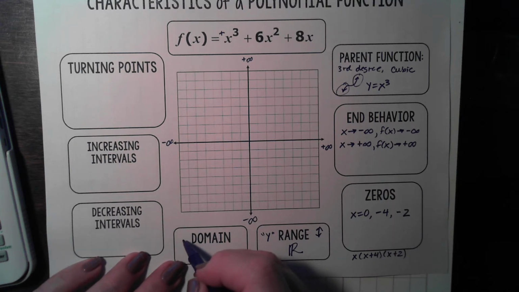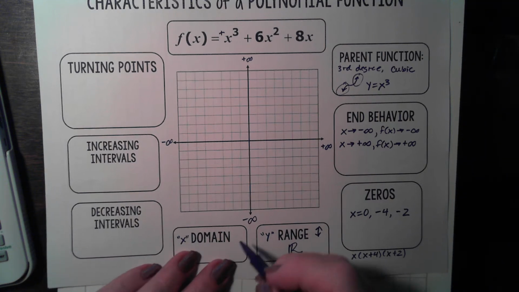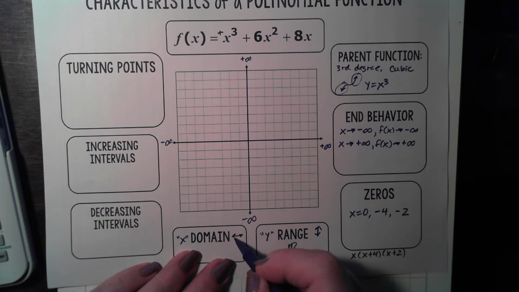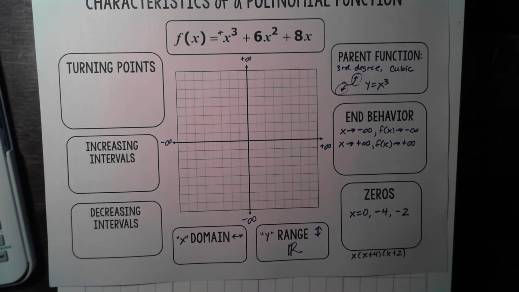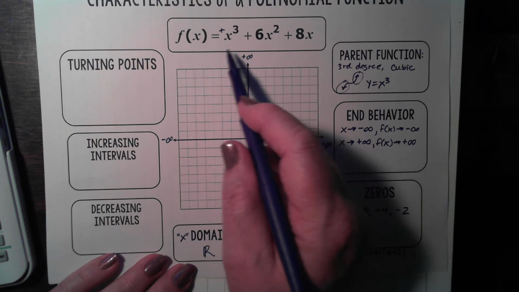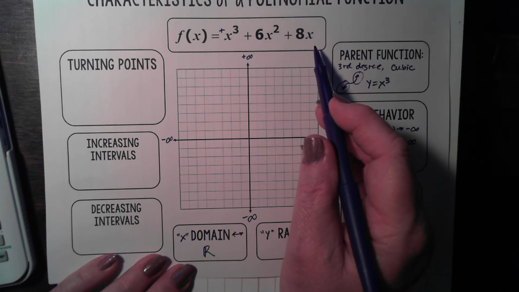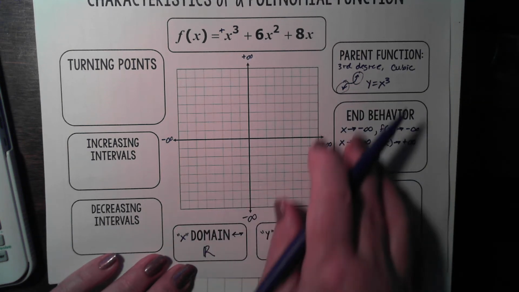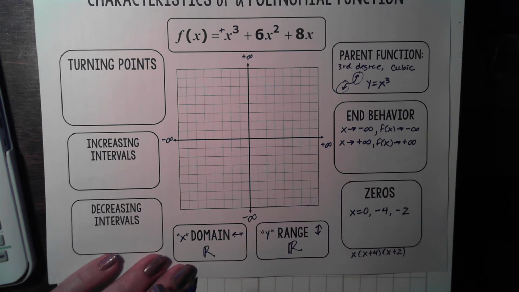The domain, as it is for all polynomials, the domain are the x, or the inputs, meaning the left and right, and how wide does this get. For all polynomial functions, the domain must be all real numbers, meaning there isn't anything you can't plug into this function. So all of this, these 5 key features, are done without the aid of a calculator.